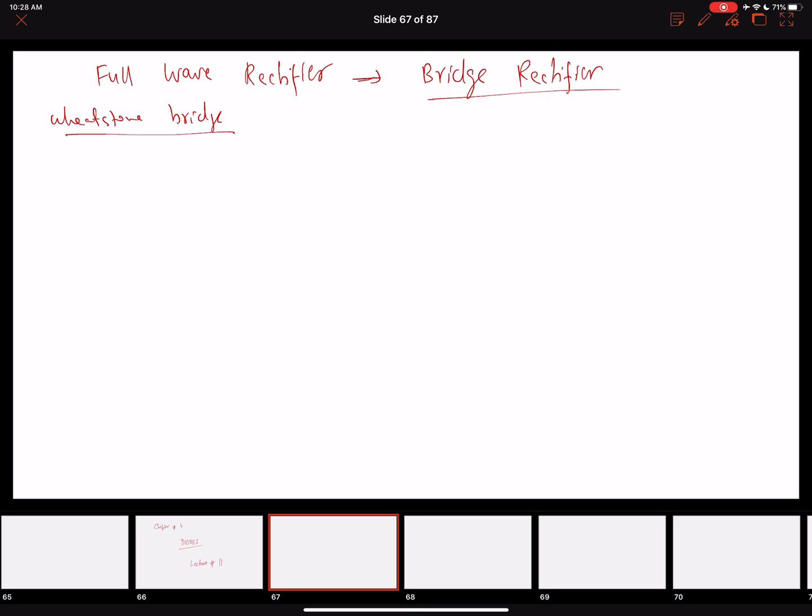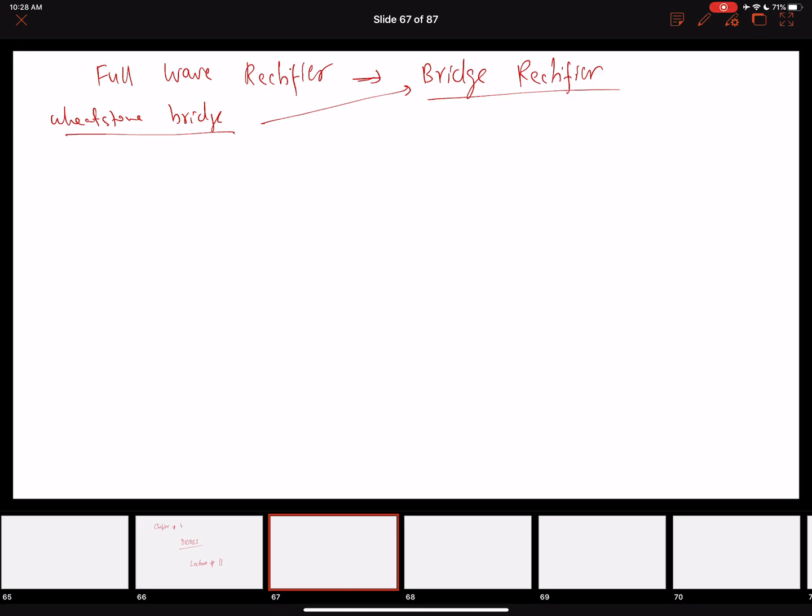I don't know if you have studied the Wheatstone bridge, probably you have already, in your other fundamental electronic courses. But the configuration looks very similar, so that's why we use the term bridge rectifier.